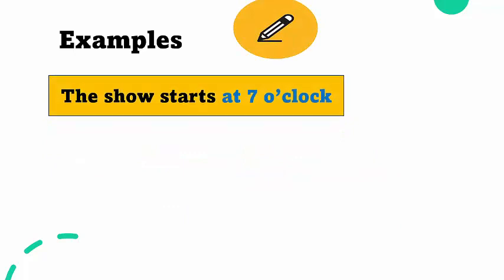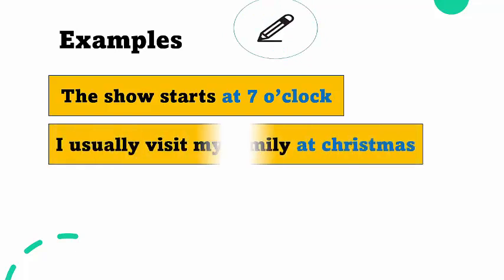The first one here: the show starts at 7 o'clock. 7 o'clock, for sure, is a specific time, so I use at before a specific time. I usually visit my family at Christmas. And here at Christmas, I mean the holiday.